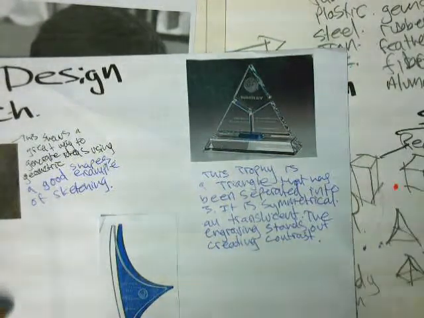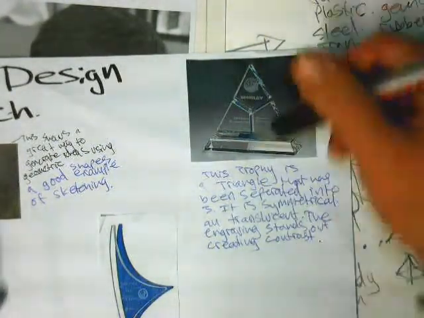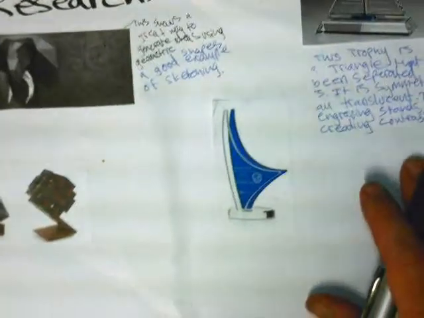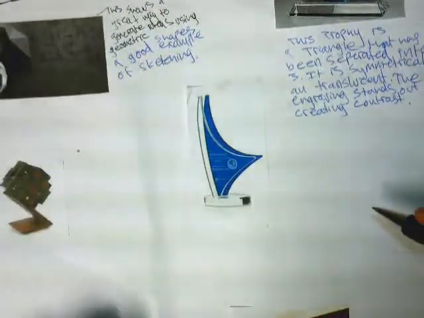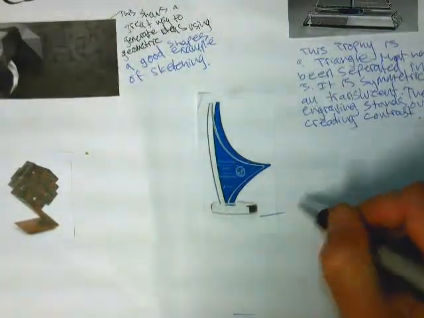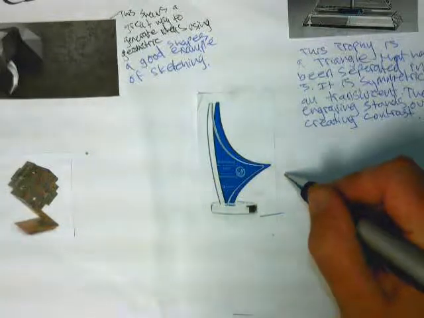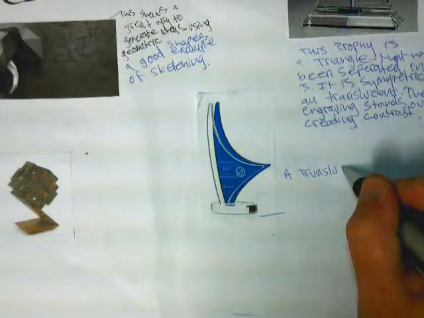So let's move over to this one. So we can put again here, a translucent, which means glass or see-through, translucent glass trophy.